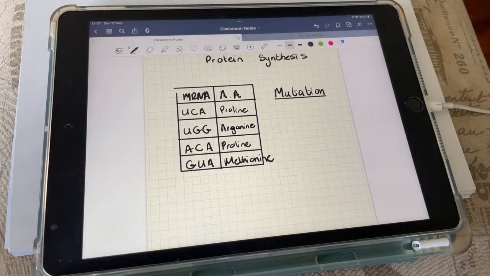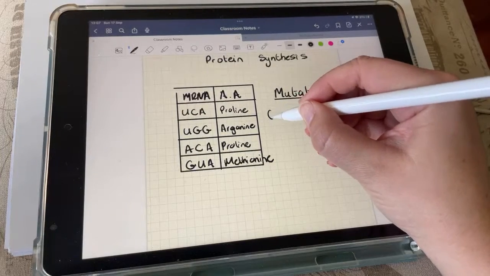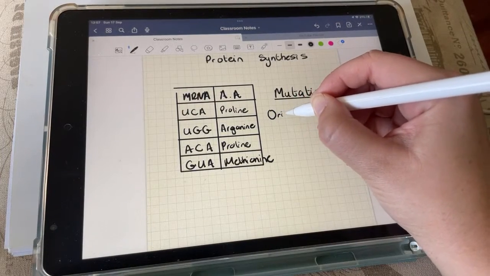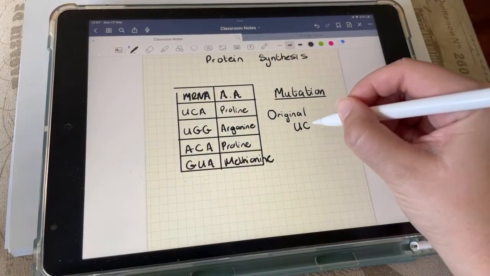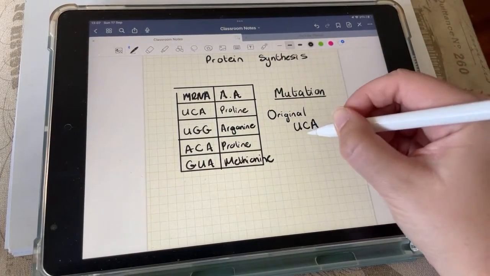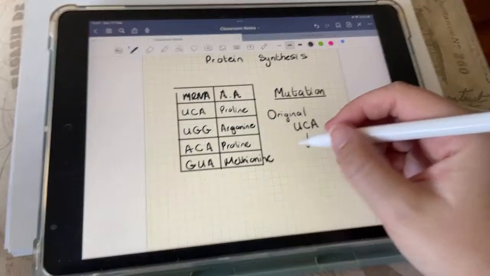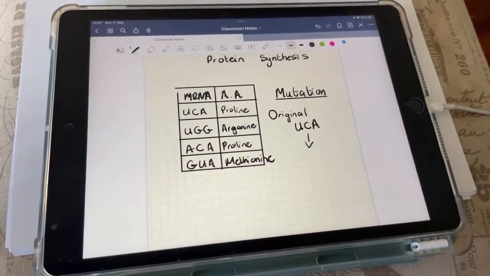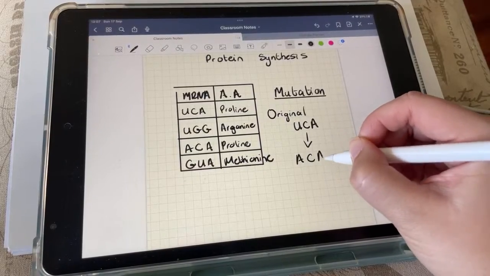So now let's say the original code was UCA. It is mutated to ACA.